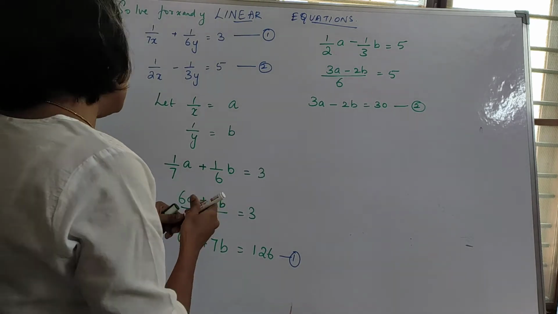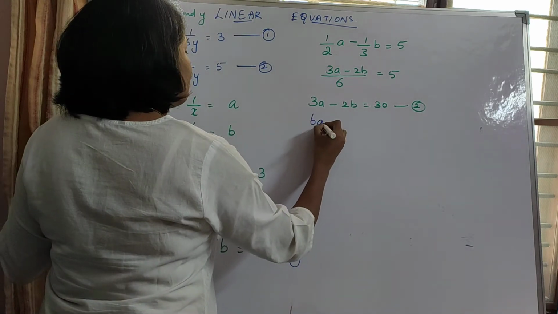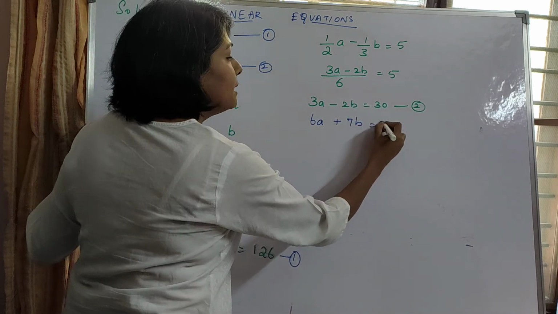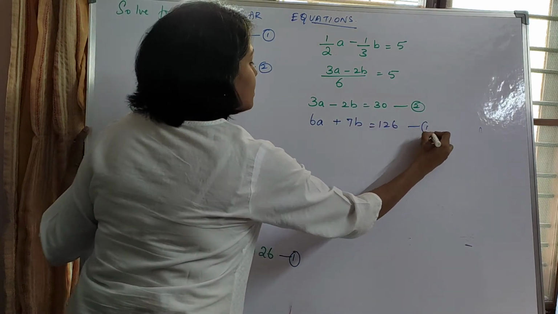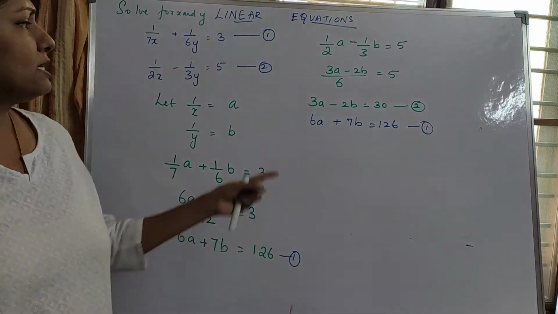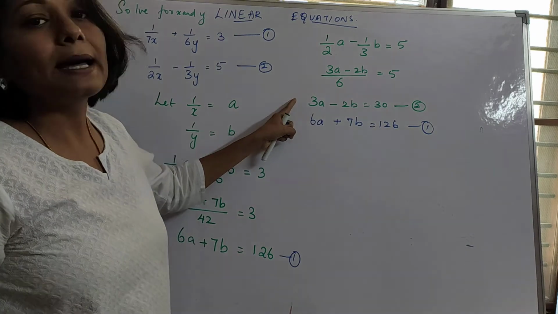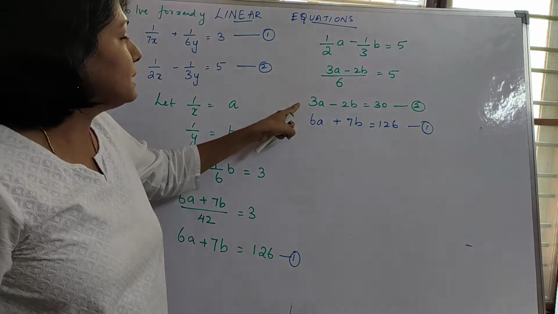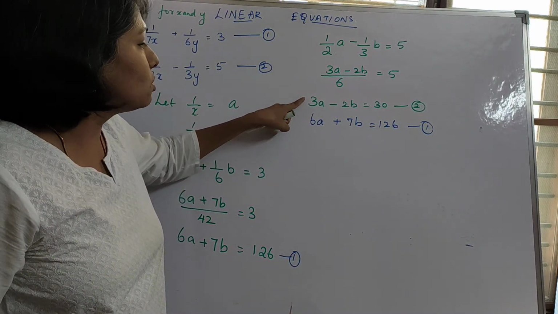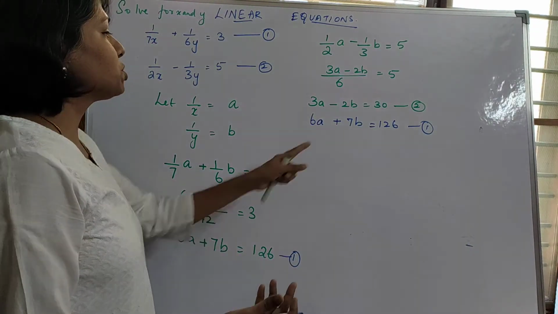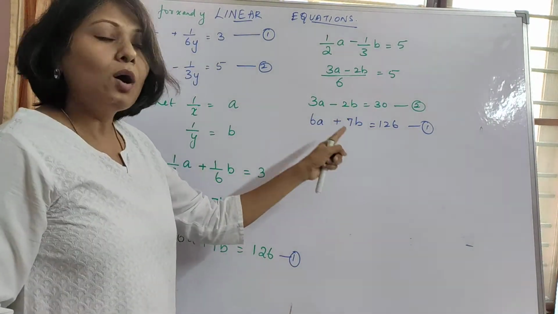Now we have the two equations. I write the two equations close to each other. There is no formality that one should be written up and two should be written down. Definitely nothing like that. 6a plus 7b is equal to 126 is equation 1. The moment we see this, I feel I can multiply equation 2 by 2, so that this also becomes 6a. As I always tell you, you have an option: you can think of eliminating b or a.